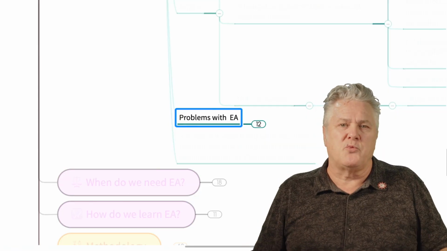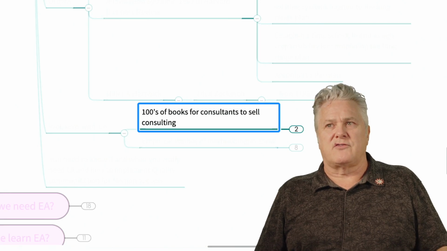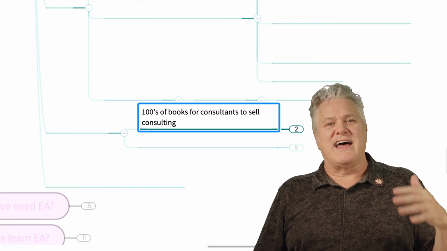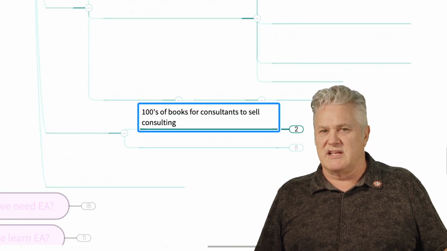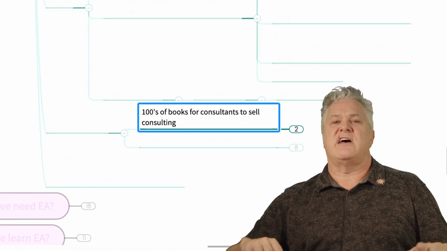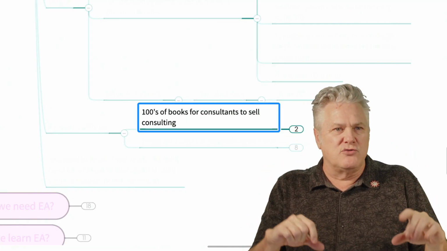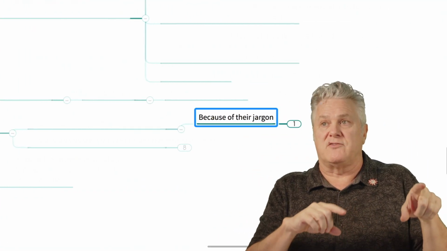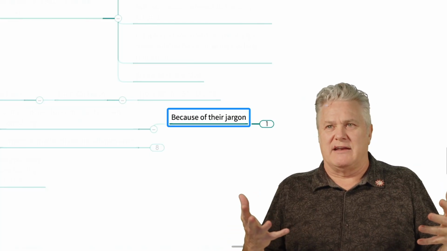Now, there are some problems with enterprise architecture. There are hundreds of books that consultants decide to sell. Okay, there are very large consulting firms out there that say, oh, we have an enterprise architecture that's customized to the way we do things, and it will work for your business. Now, the problem is they've got this jargon, okay?